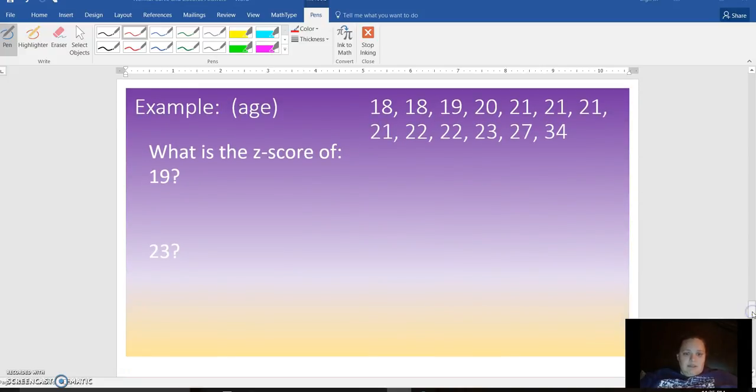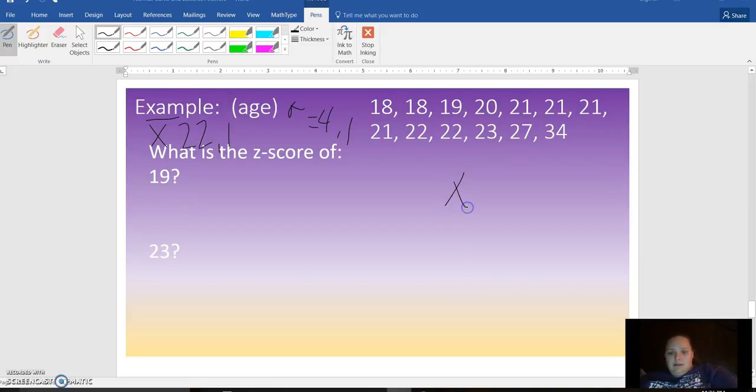All right, so let's do z-scores of these guys. I'm going to go back. Standard deviation is 4.1, mean is 22.1.